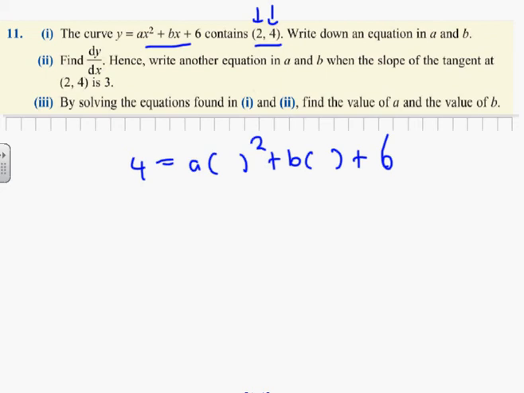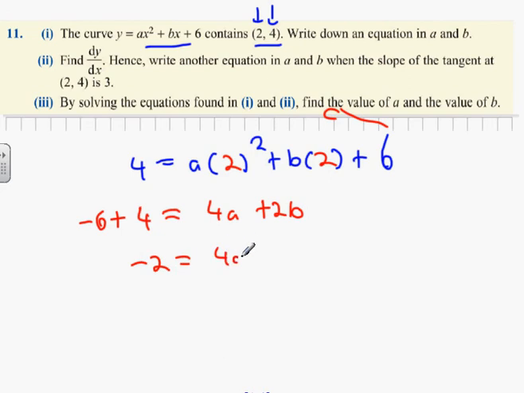So we get 4 equals 4a plus 2b plus 6. What happens when you bring the 6 over to your side? Minus 6. And what's minus 6 plus 4? Minus 2. You got 4a plus 2b equals minus 2.